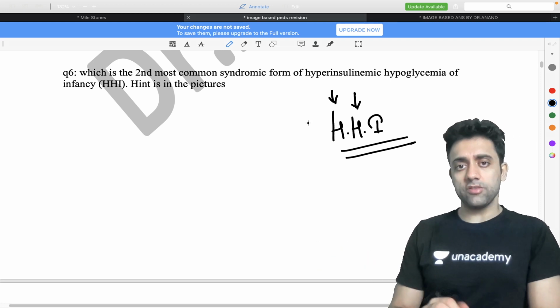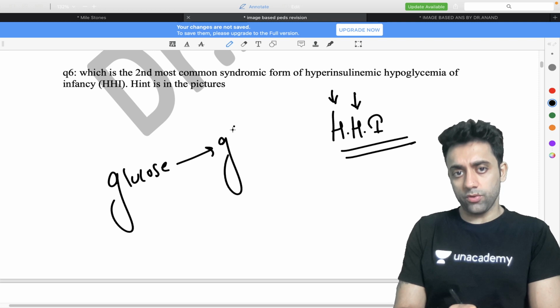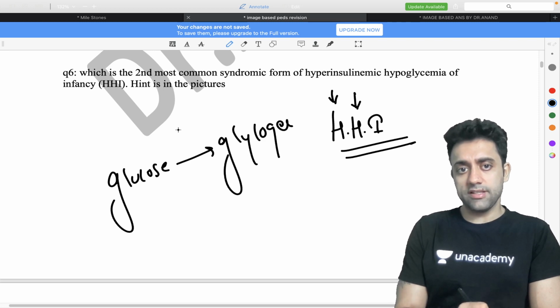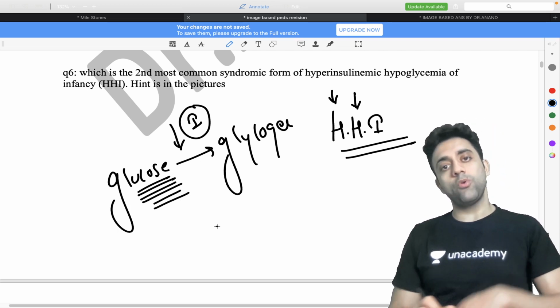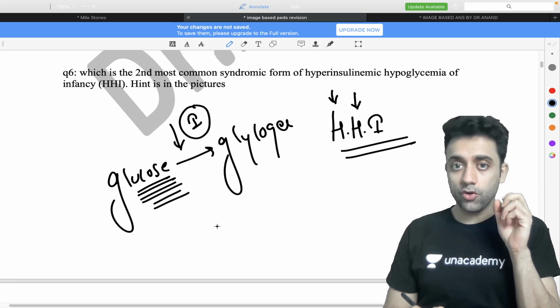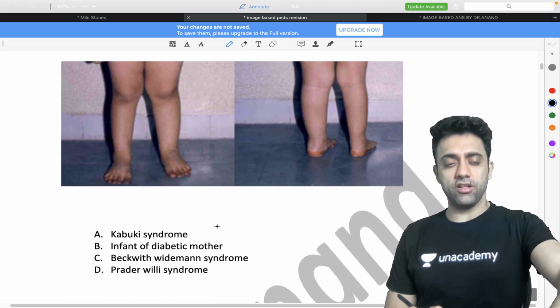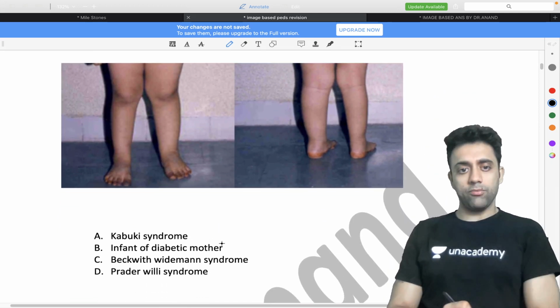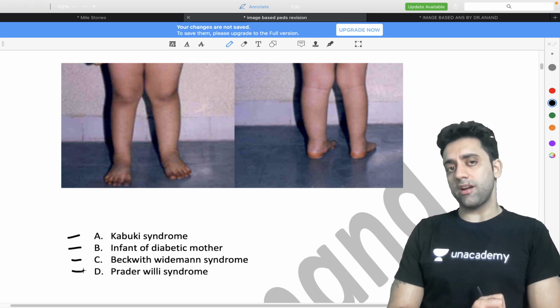When more and more insulin is there, glucose gets converted into glycogen and the baby will have hypoglycemia. The options are Kabuki syndrome, infant of diabetic mother, Beckwith-Wiedemann syndrome, and Prader-Willi syndrome.